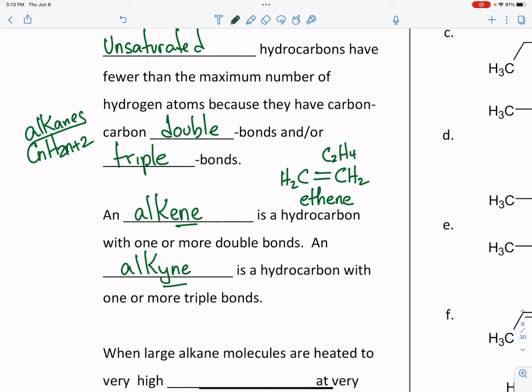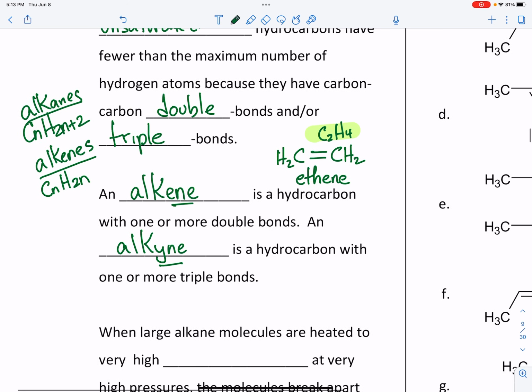So now, instead of a formula CnH2n plus 2, an alkene will just be CnH2n. We have to remove 2 hydrogens, so instead of 2n plus 2, it's just 2n. And you can see that in this example that we've just seen, 2 carbons has 4 hydrogens with it.